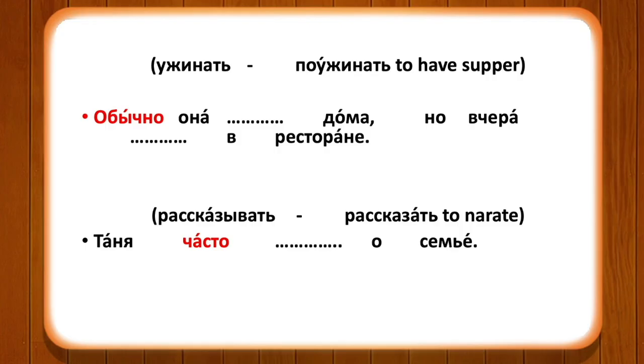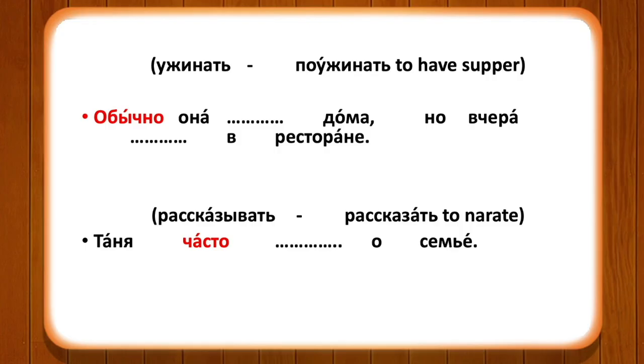Let us see which verb will be used in this particular sentence. Обычно она dash дома, но вчера dash в ресторане. To have dinner. Обычно means usually. So usually indicates an action that takes place more than once.